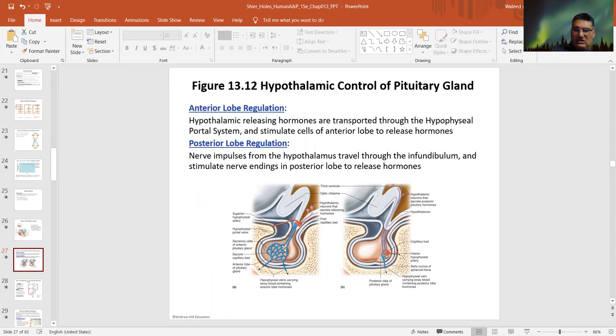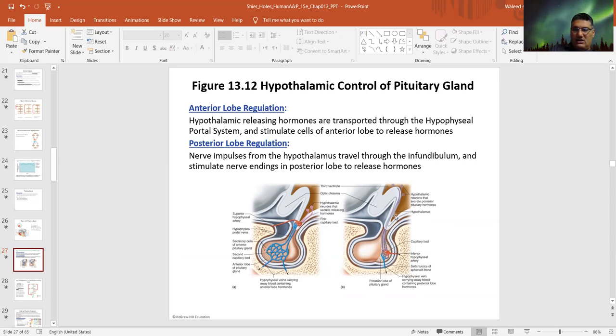This is where the name came from. This is the anterior pituitary, and this is the posterior pituitary. Anterior pituitary in the front here, and this is the posterior pituitary, which is the other picture. In the anterior pituitary, there are hormones that are secreted and go in this hypophyseal system of blood, and it's going to control the anterior pituitary, and that's why we call it adenohypophysis.